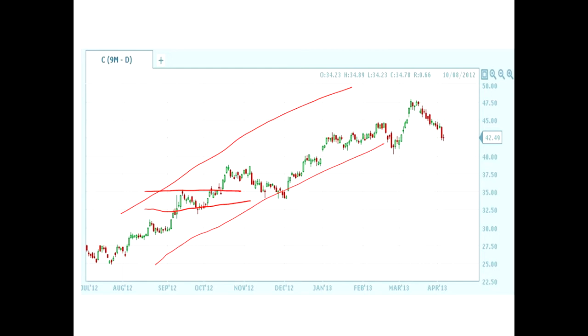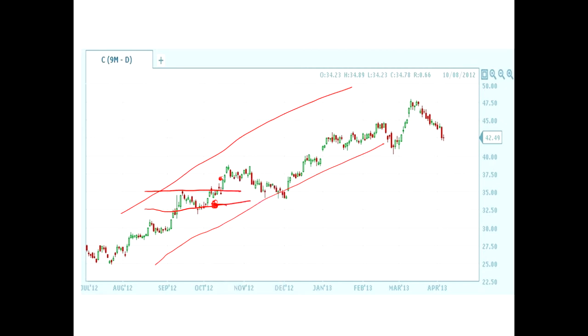Say you put in a limit order right there. I'm just going to draw a dot. Okay, and that's right around $34. You put a limit order, and then you put your sell order right around 36 right there.